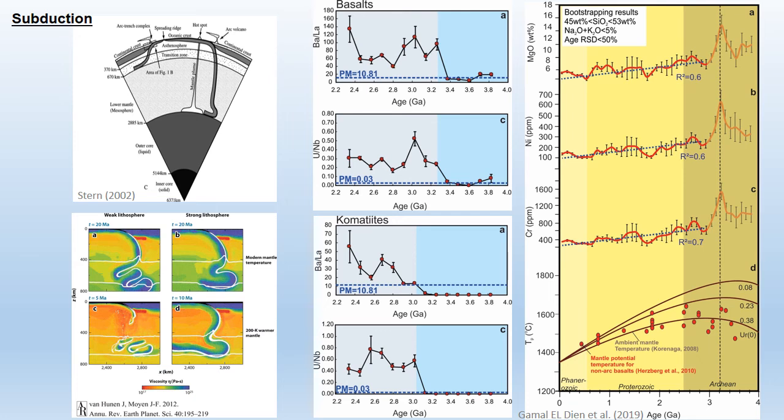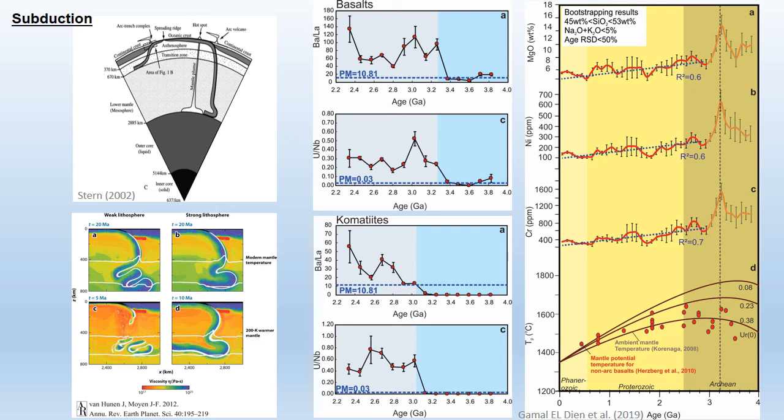The other option should be subduction, as we have numerical modeling from Van Hunen and Moyen 2012. They say that a subducted slab can go to the lower mantle. As we see, the komatiitic rocks show the same pattern as basaltic rocks, with enrichment around 3.2. Our data is also consistent with different work from us tracking trace elements and major elements that track the temperature of the mantle.